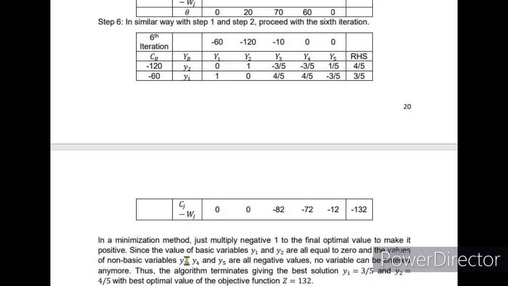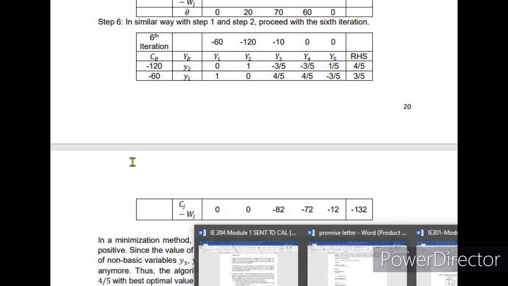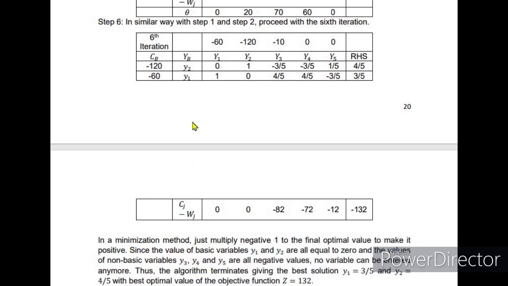Now, in the minimization method, just multiply the optimal value by negative 1, because it is negative, to make it positive. All the basic variables y sub 1 and y sub 2 have Cj minus Wj equal to 0, and the Cj minus Wj of the non-basic variables, which are these, are negative values: negative 82, negative 72, negative 12.